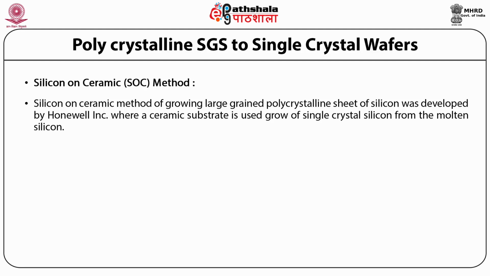In this process, the ceramic material is coated with carbon on one side and is exposed to molten silicon and moved at a constant rate, leaving a thin sheet of silicon. This ceramic substrate is slotted to provide the electrical contact to the other side of the silicon.